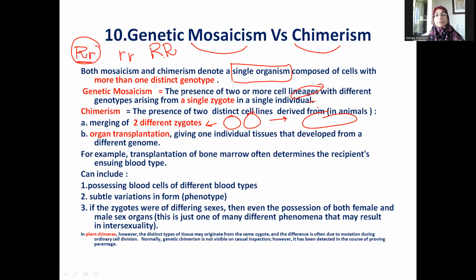This also can be seen whenever we have organ transplantation, because if you have a liver that is diseased and you transplant a part of another liver from another organism, then this would result in a case of chimerism.